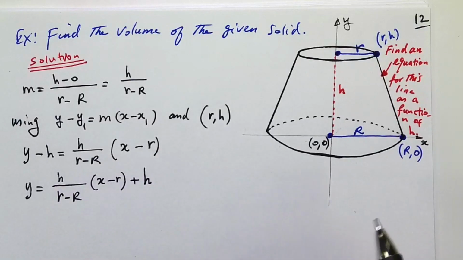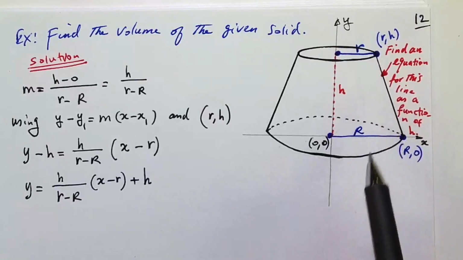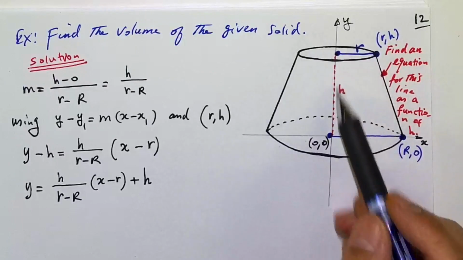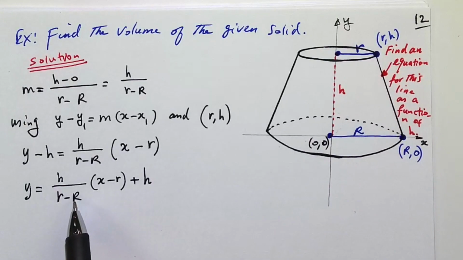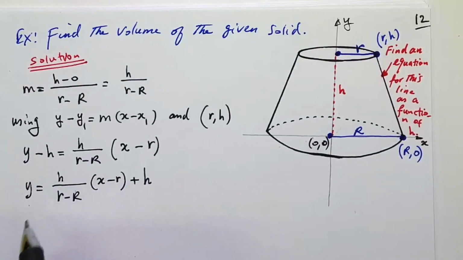Now notice that because we're going to integrate that expression along the vertical axis, or along the height h, we're going to have to rewrite this equation in terms of, or write it as, x in terms of y. So let's do that. So we want to solve this equation for x. Okay, so let's do that.